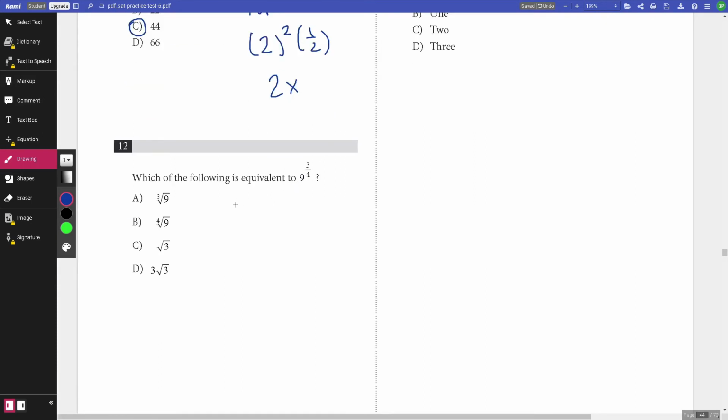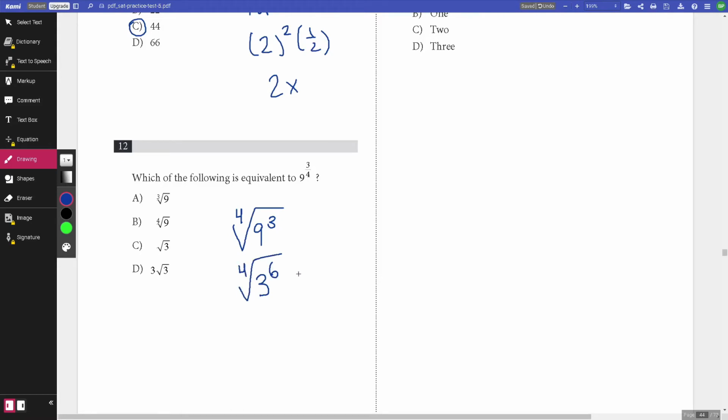Which of the following is equivalent to 9 to the power of 3 over 4? We can write this as 9 to the power of 3, and then over 4, and we can rewrite 9 to the power of 3 as 3 to the power of 6, like that.